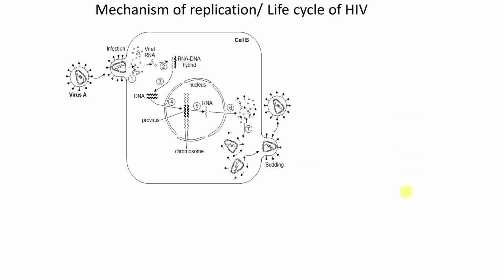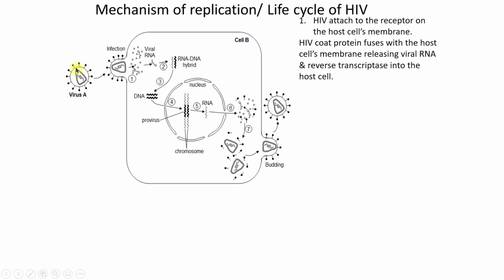Okay, now the mechanism of replication of the HIV, or the life cycle of the HIV. Ini yang paling penting. So first things first, this viral HIV will attach to the receptor on the host cell's membrane, like what I mentioned earlier, via the CD4 receptor and the co-receptor.